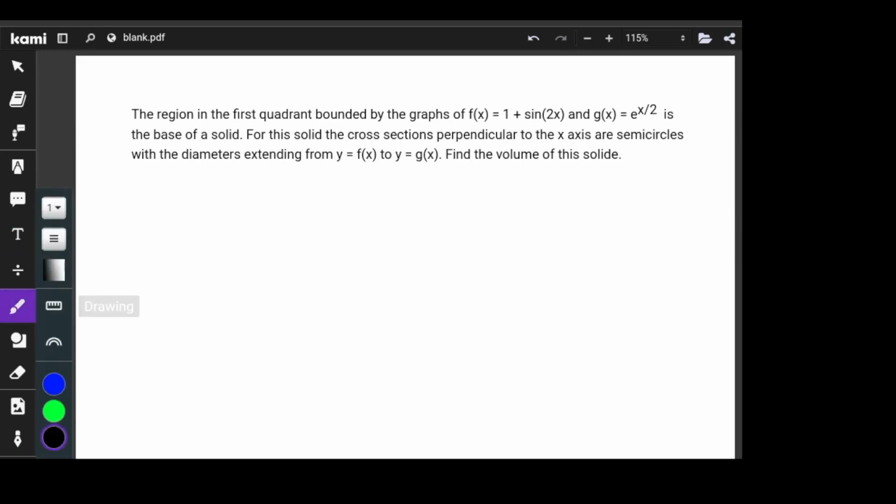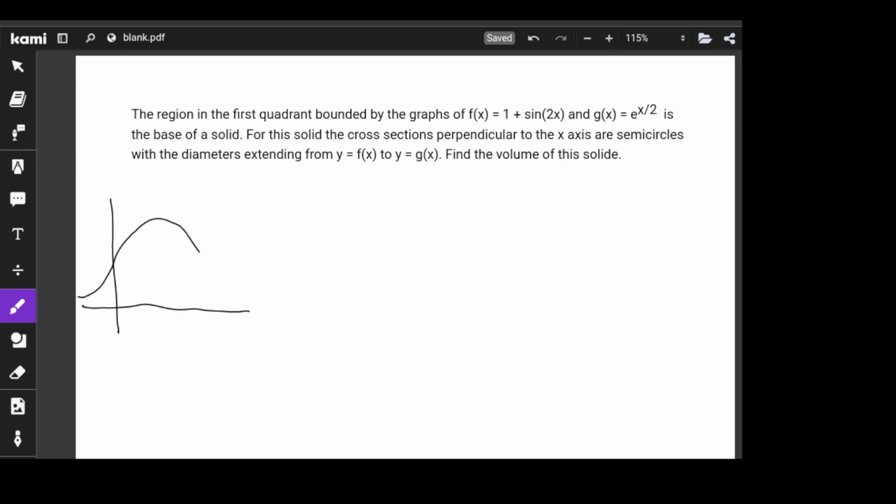So, this is a calculator question, but I always recommend graphing it out first. Basically, what we have is in the first quadrant, y is equal to f of x and y is equal to g of x.